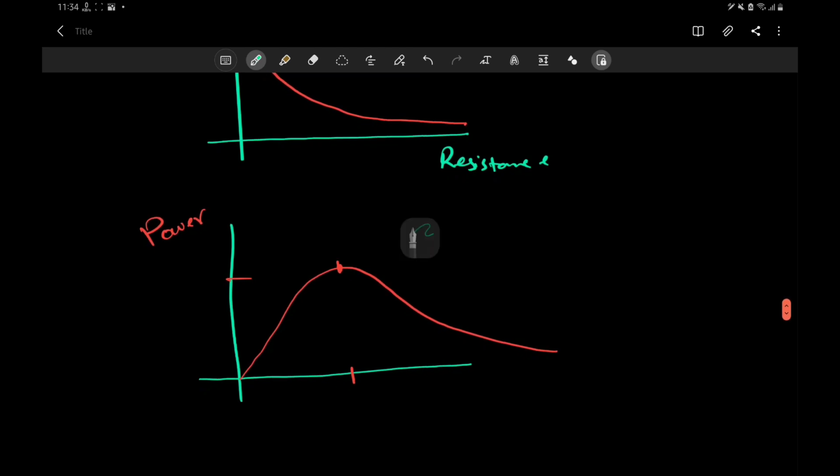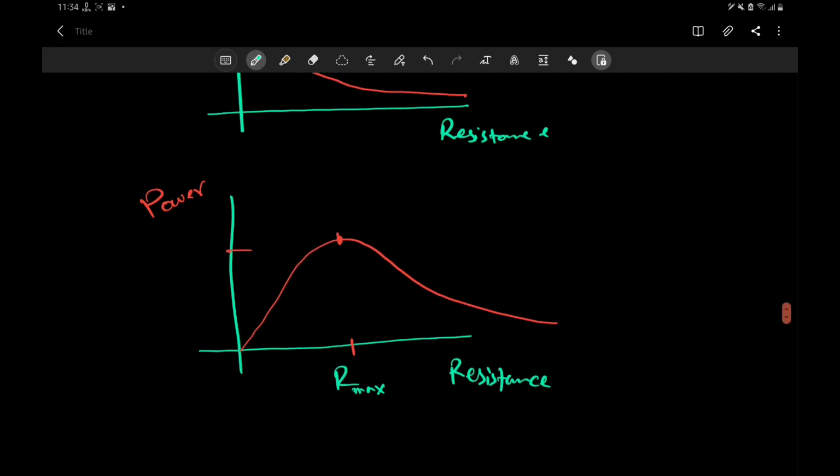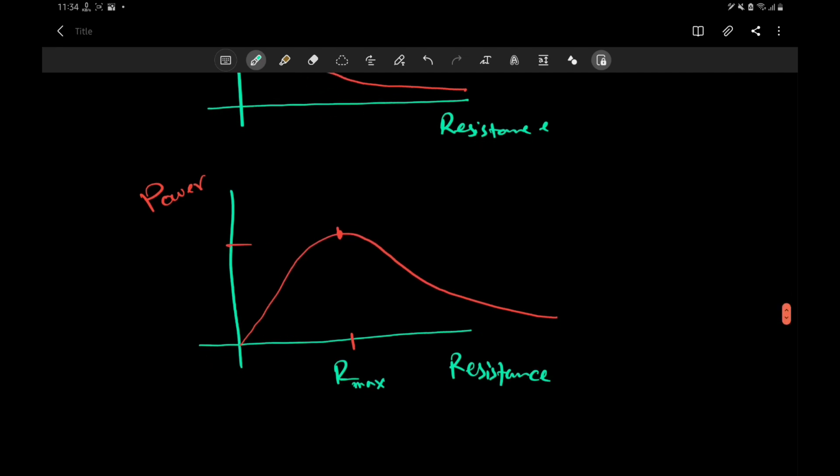And how can we calculate for which resistance the power is maximum? Let's call it R max. So what is the value of R max at which we get the most power? This is our P max.